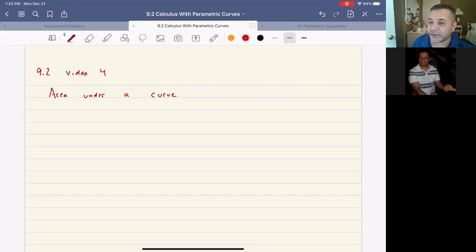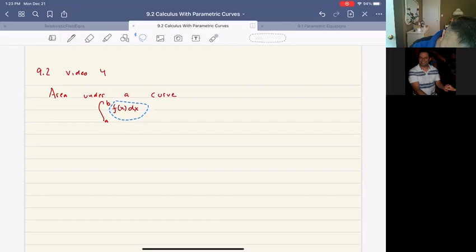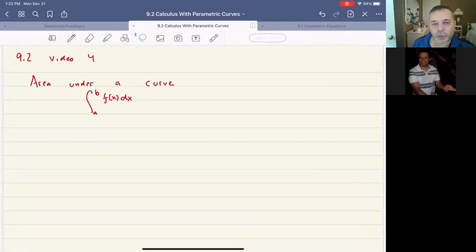So we generally think of the area under a curve as the integral from a to b of f of x dx. Let's change that to a lowercase f. But now, remember, we're doing y and x as parametric equations.